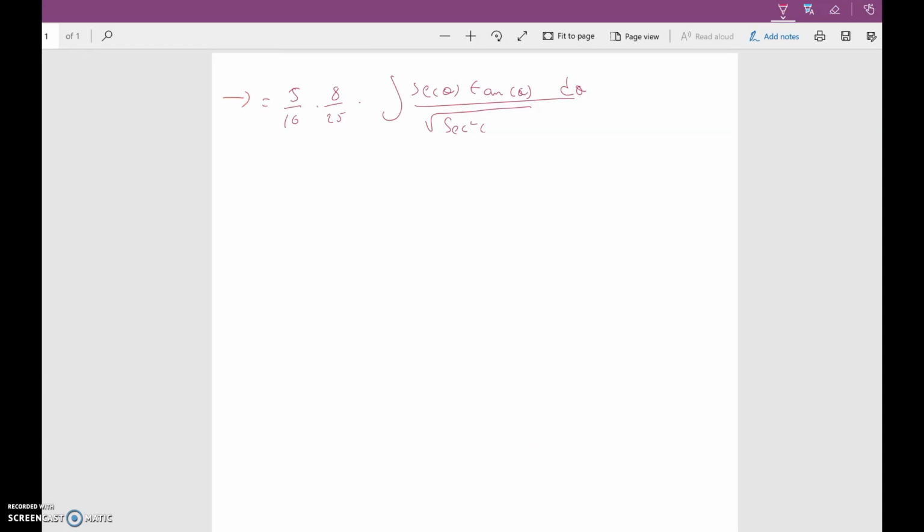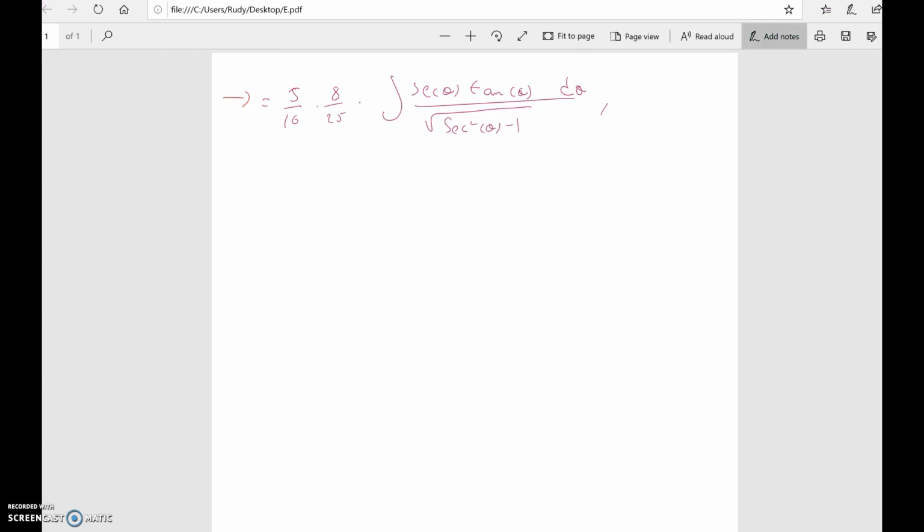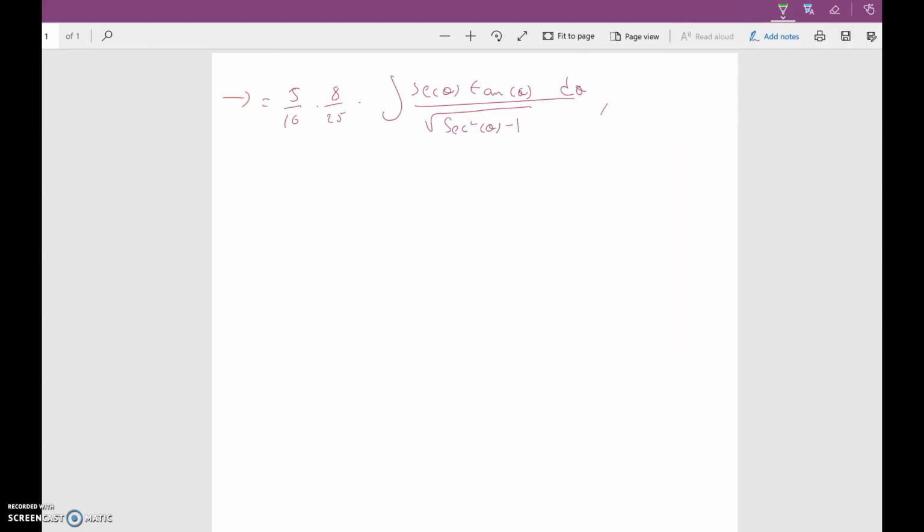So secant squared of theta minus 1, and we'll use the identity that technically tangent squared of theta is equal to secant squared of theta minus 1. And let me double check that identity. Okay, we're good.